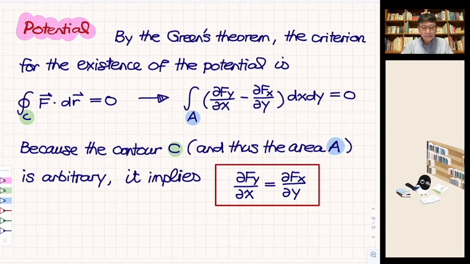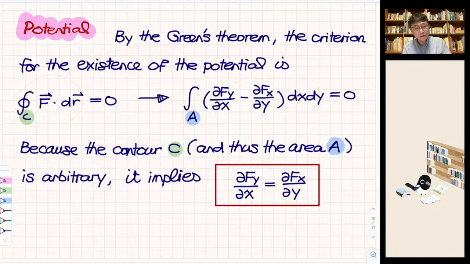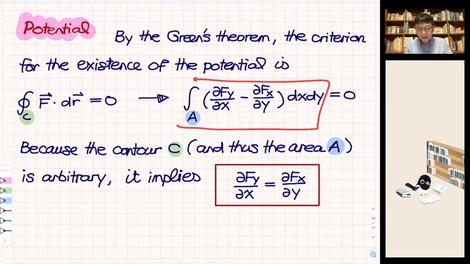So it's better that we apply the Green Theorem, and that's why it is so important. Applying the Green Theorem, if this is correct, then we can transform the contour integral into this area integral. And this area integral is 0 for arbitrary contour, which means for arbitrary area.